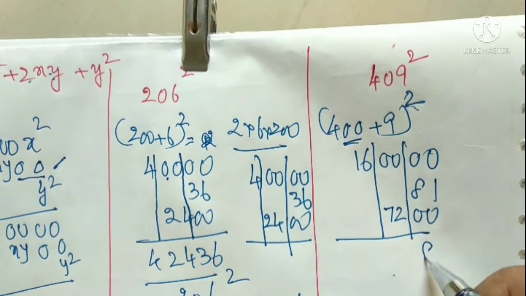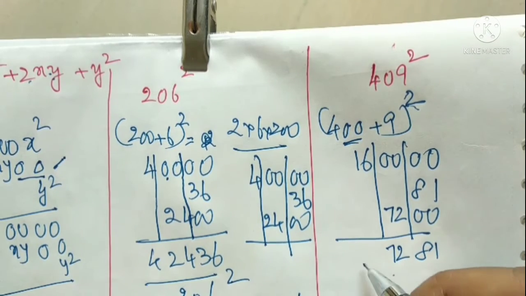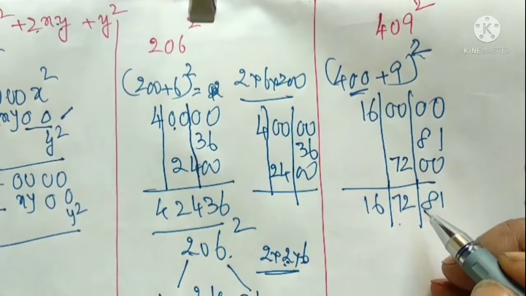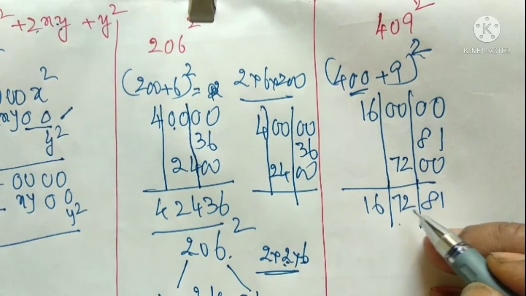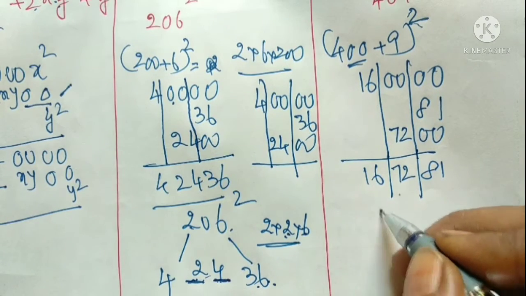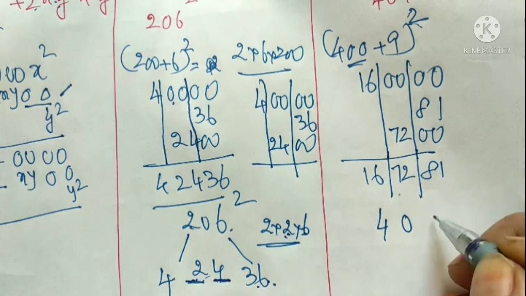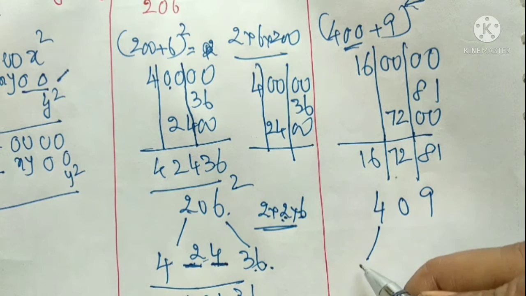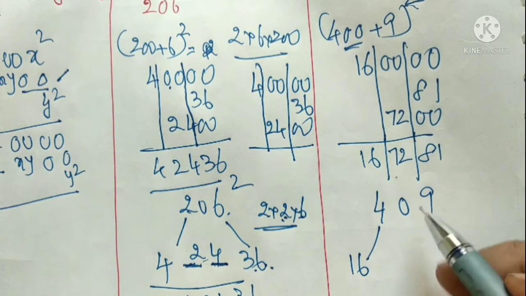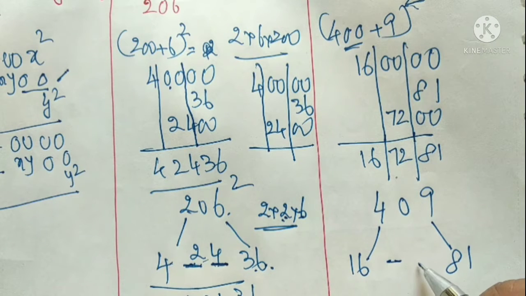So if you add 16,000, 72,00 and 81, we get 167,281. Now we are doing this in a shortcut way. 409. 4 4 ja 16, 9 9 ja 81, and in between we have to get 2 more digits.